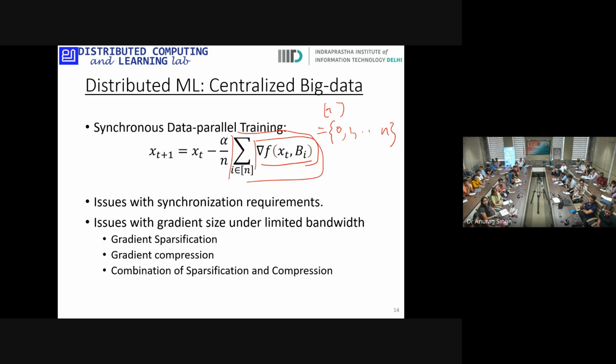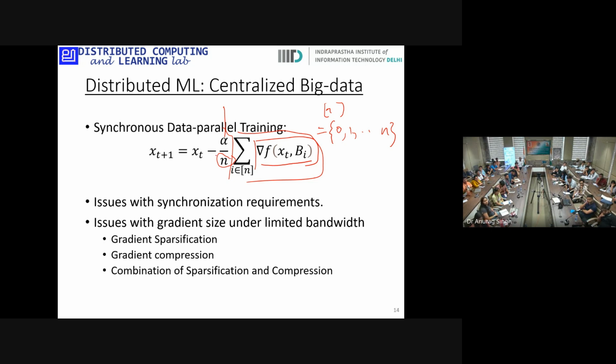And then this alpha was set as the learning rate, step size or learning rate, the dampening factor. And because you have n batches, you average over it. This average is required. You can prove that without taking the average, it will not be proved correct.